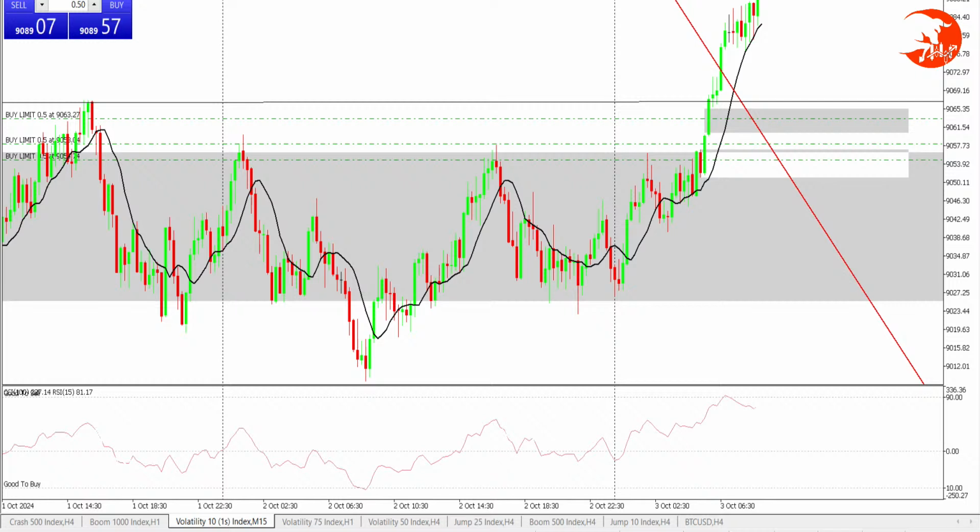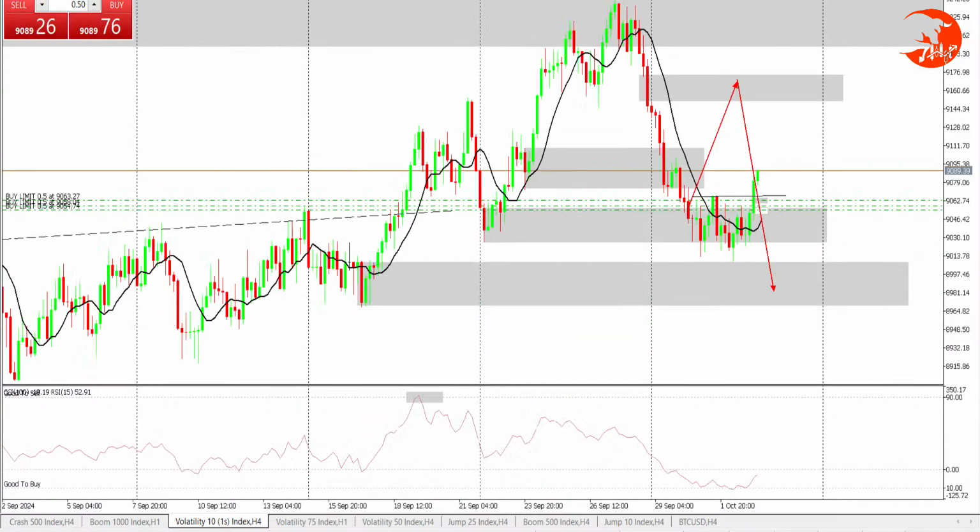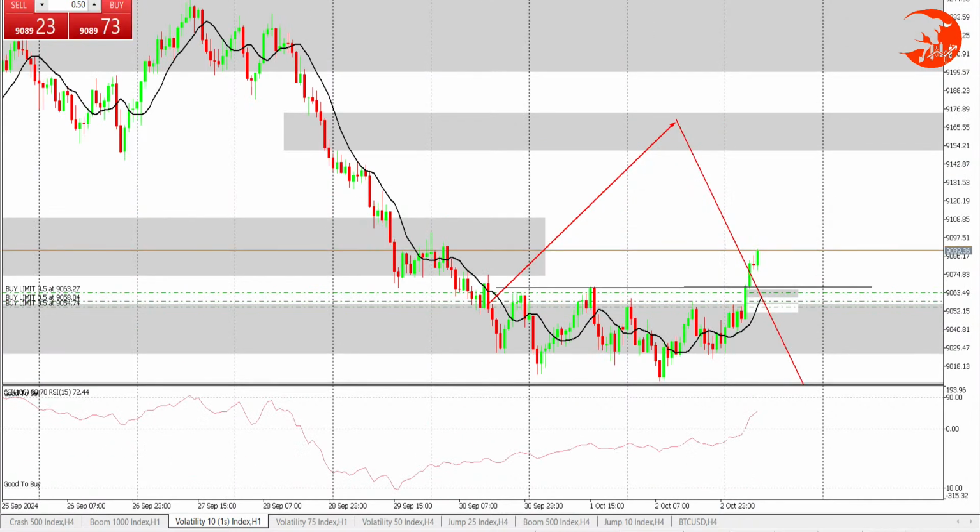Either way, I will wait for that. If it doesn't happen, then I have no entry. If I don't have a clean pullback, I don't call it a pullback. This candle here, I can't call it my pullback that I usually look for. So if it doesn't give me a pullback, then I have no entry on this asset for the buys. I will wait for it. If it doesn't happen, I'm okay with that.